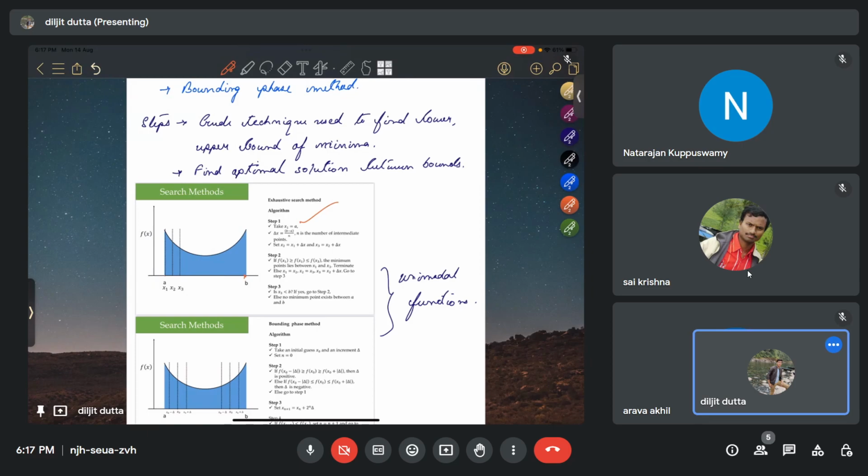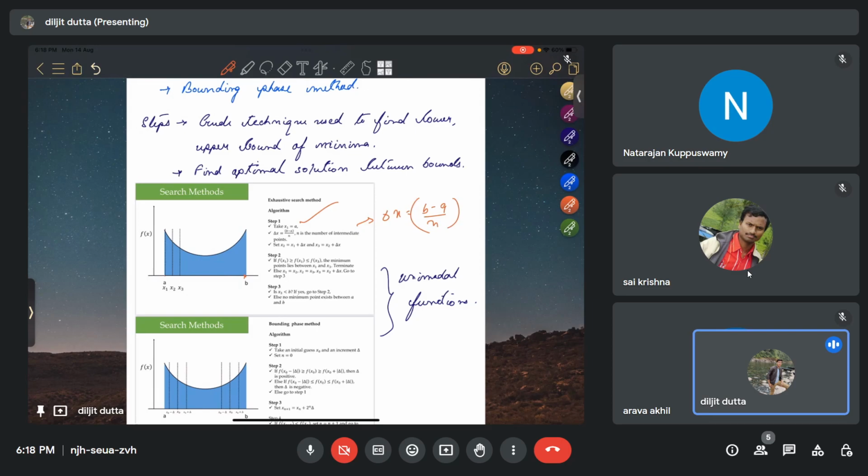It may be 10, it may be 20, based on our requirements. The higher the number of intervals, the finer the region. So we take delta x equals (b minus a) by n.